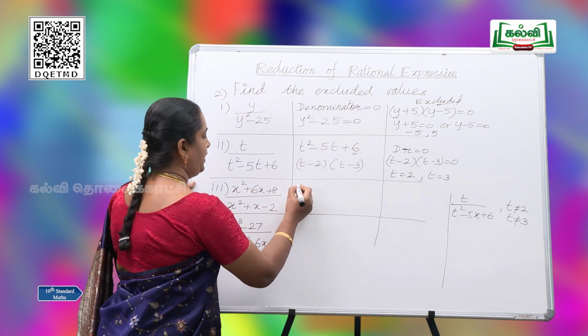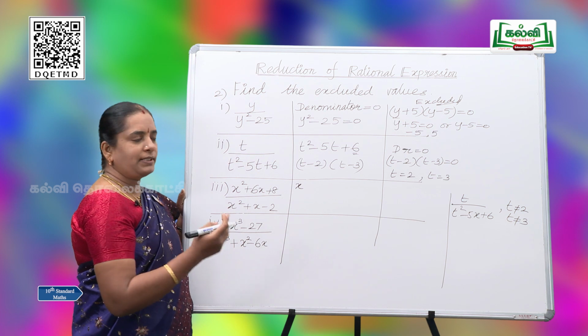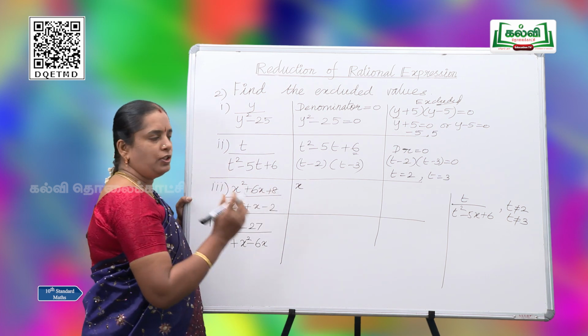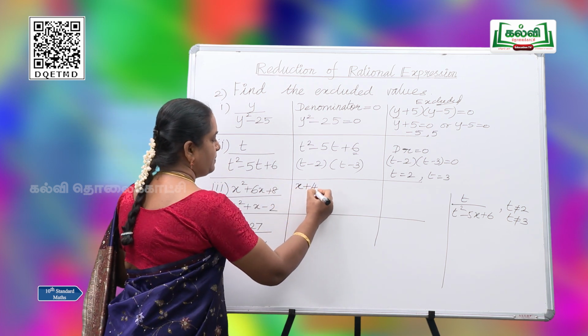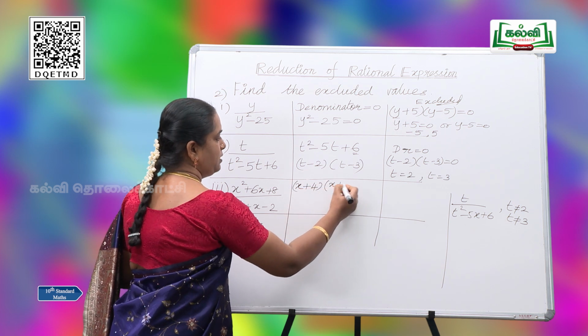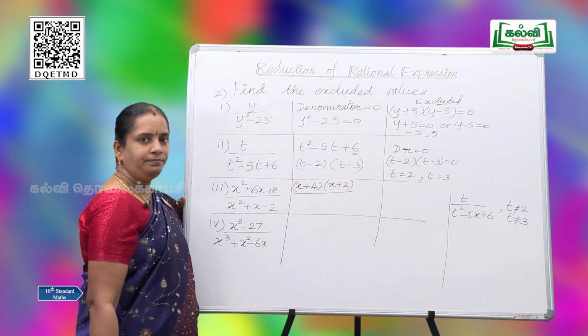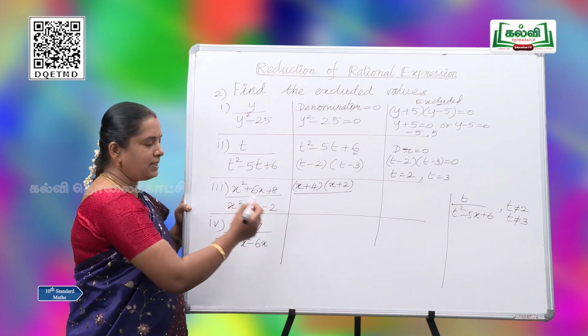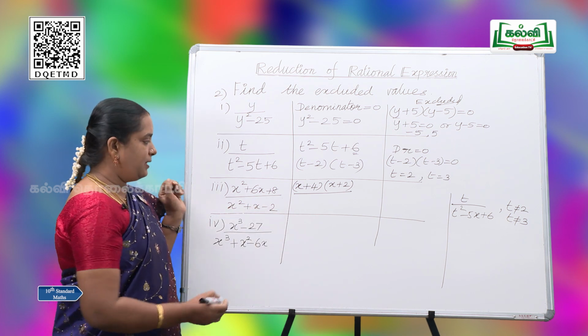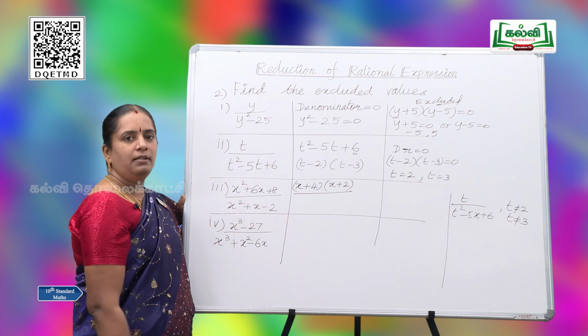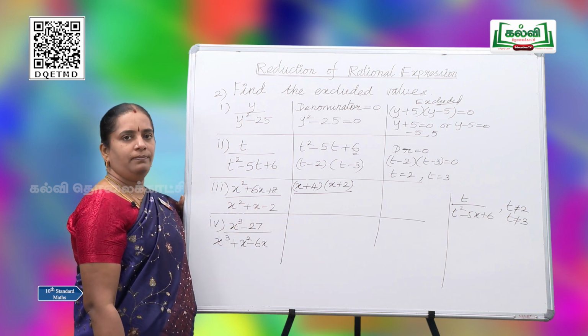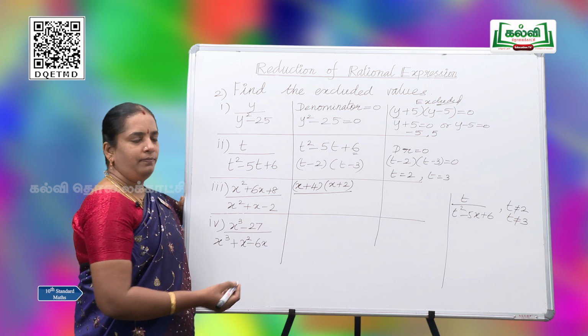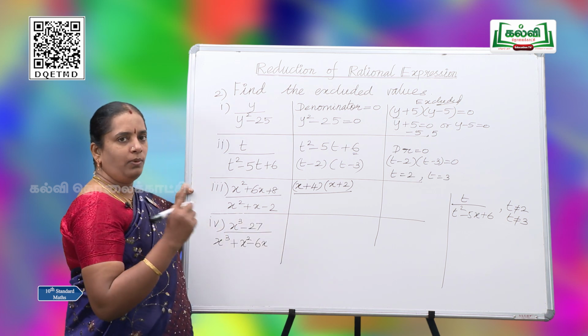So, we have to factorize this. Yes, 4 twos are 8. So, (x plus 4) into (x plus 2), divided by, here factorize, the product is 2. Since the product is negative, this is the difference. The coefficient of x here is very good, positive 1. So, the numbers are 2 and 1.